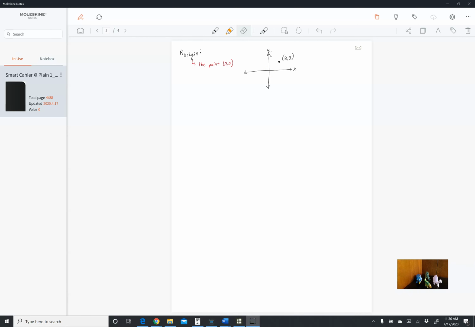So if the origin is the mirror, what you're doing is you're standing on the point 2, 3, and you're facing the origin. And it's a single point, so there's no perpendicular or anything. You're just facing the origin here.